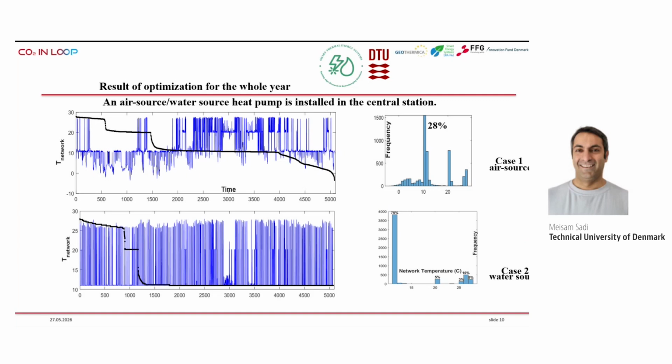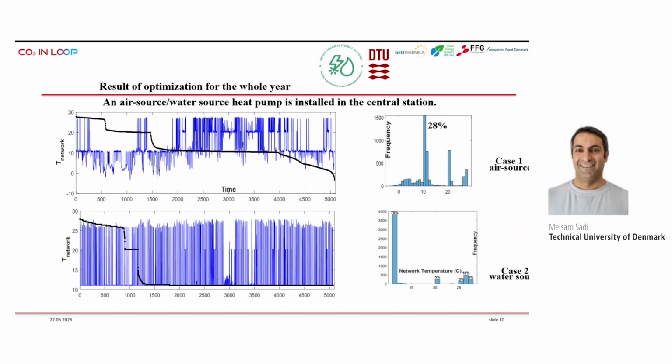And what we can see is the optimum temperature of the network for each hour. We can see from the second case, where we have a water source heat pump at the central station, the temperature of the heat source is relatively constant during different hours because it is connected to the water heat source.